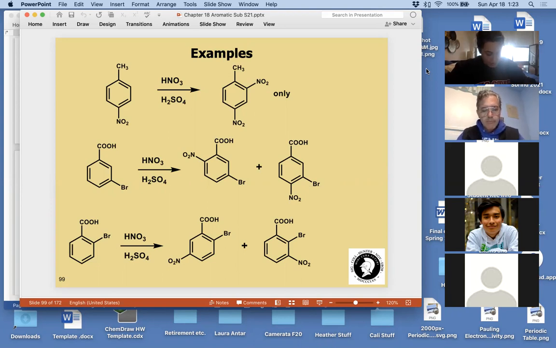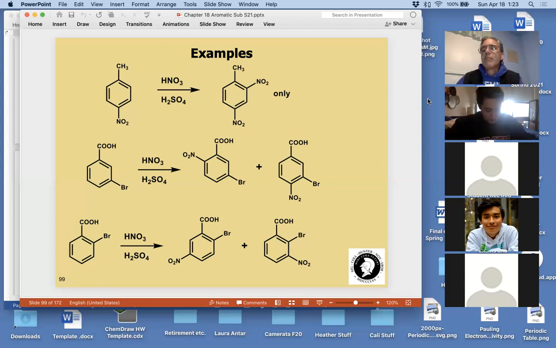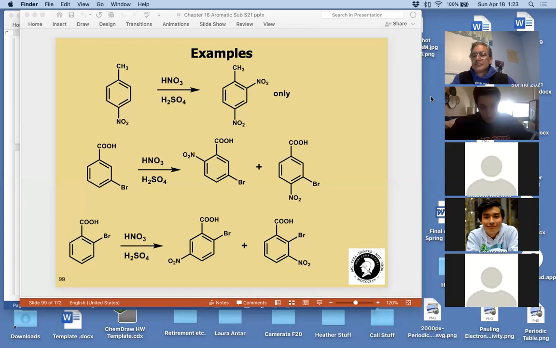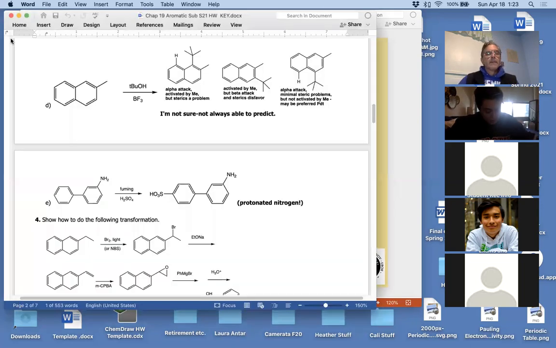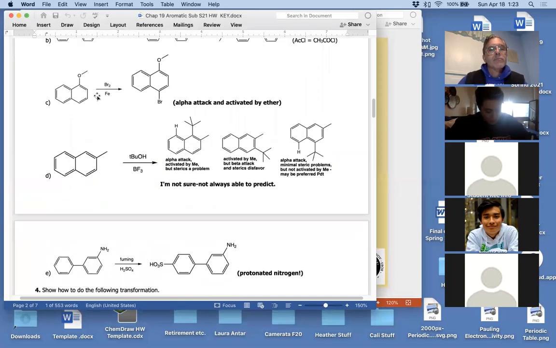I guess I'm getting hung up on the aromatic substitution because I have to remember what the resonance structures look like to really appreciate why we direct the way we do. That's what it's all about. So number 3, which it was C that we went over on the homework.